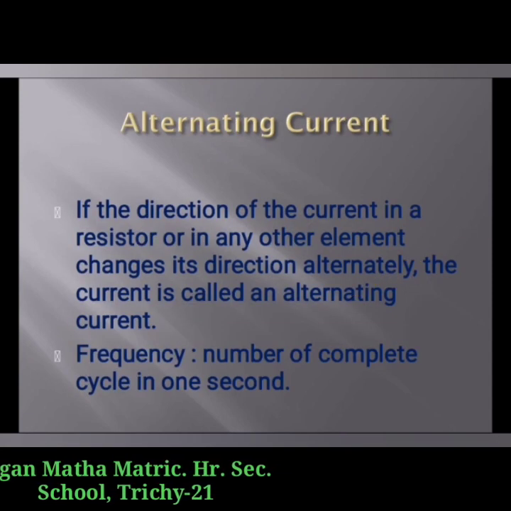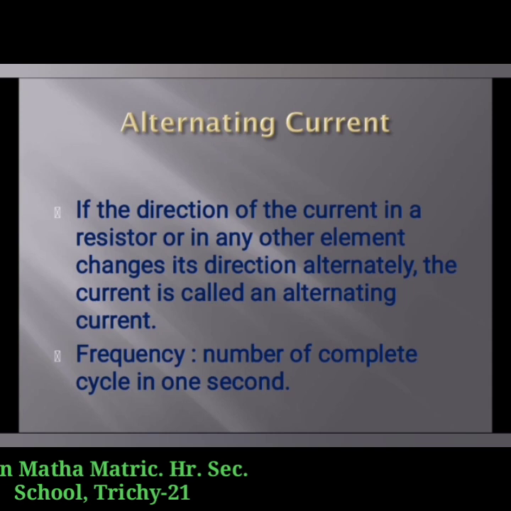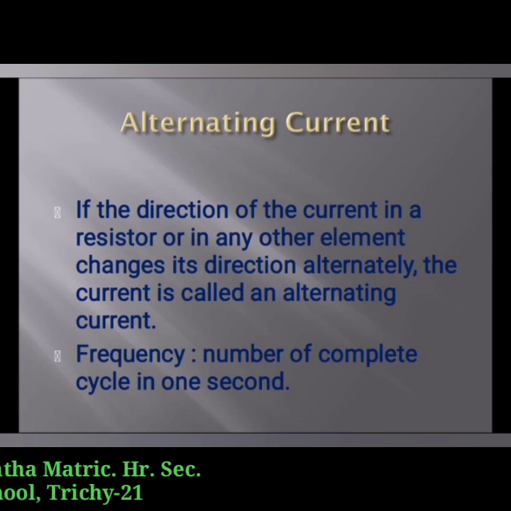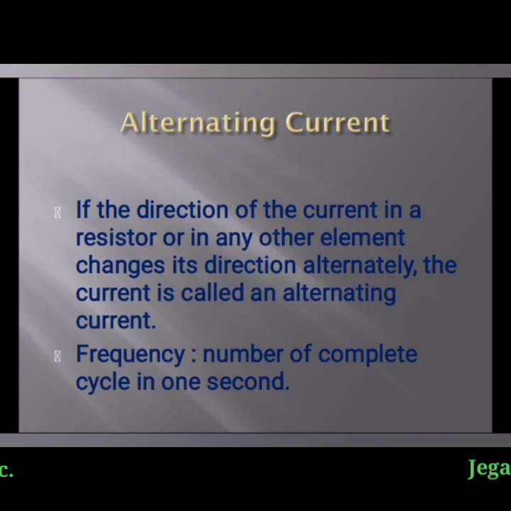Next, alternating current. If the direction of the current in a resistor or in any other element changes its direction alternately, the current is called an alternating current. The alternating current varies sinusoidally with time.